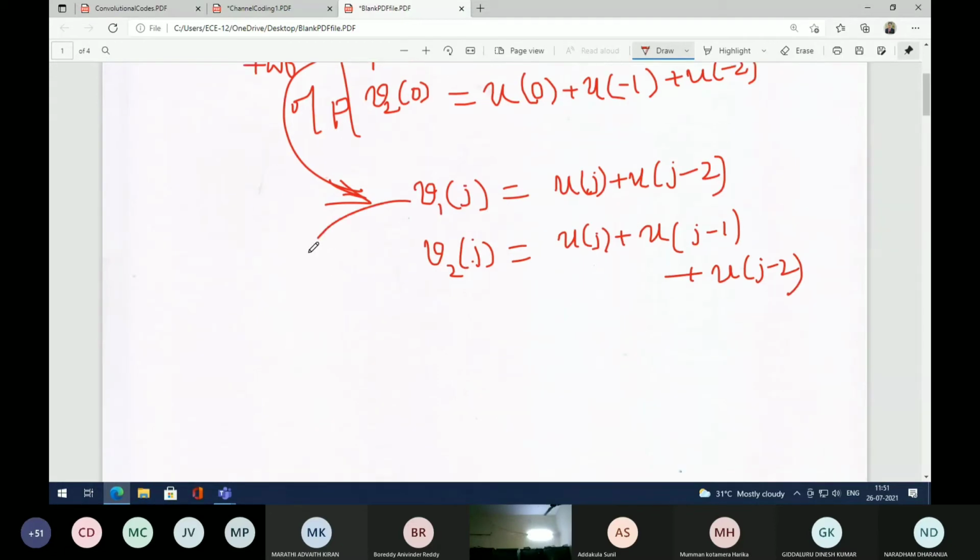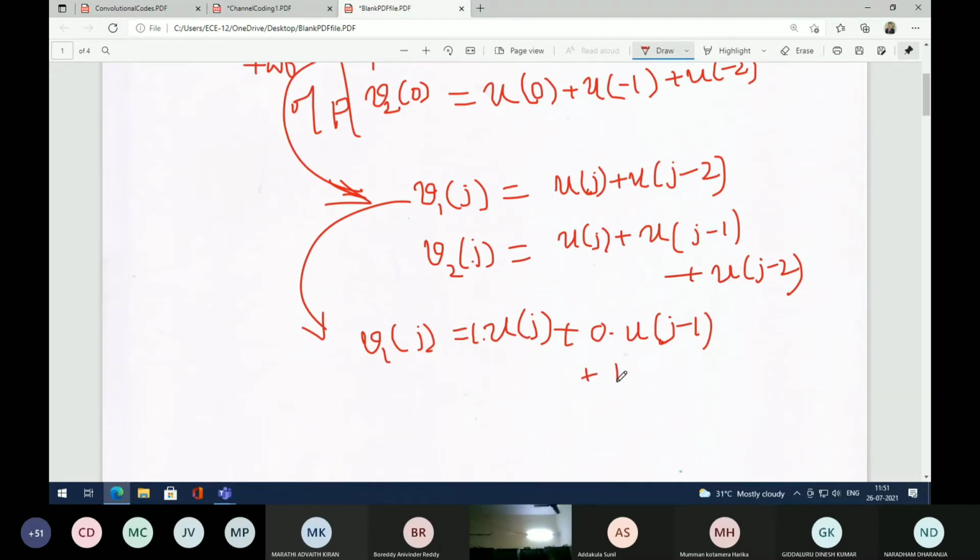Now the first one, V1 of J, can be written as 1 into U of J plus 0 into U of J minus 1 plus 1 into U of J minus 2. Can I write it this way?